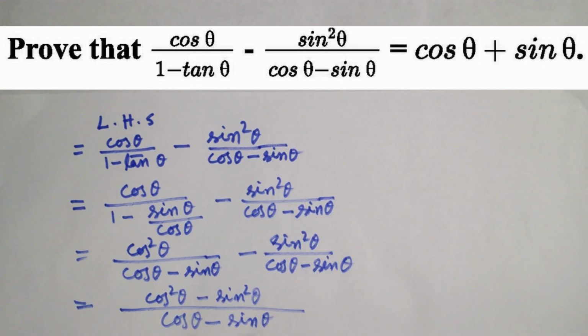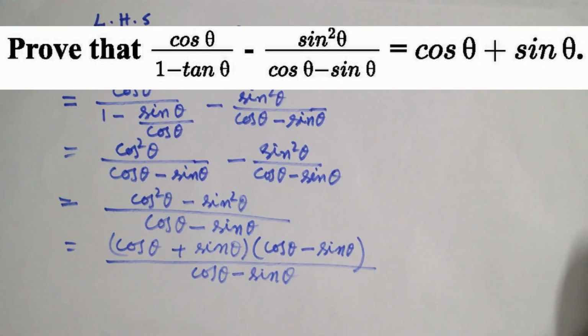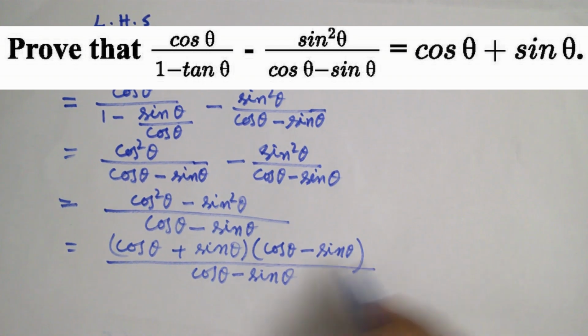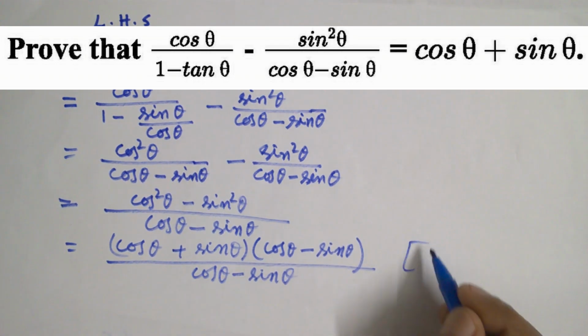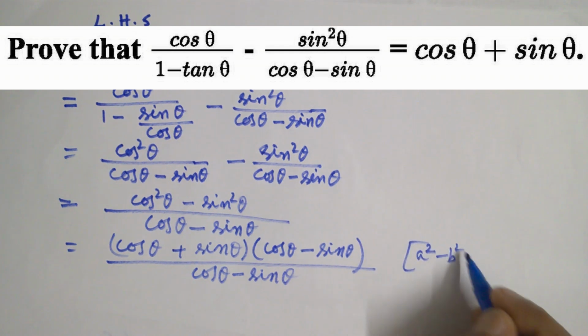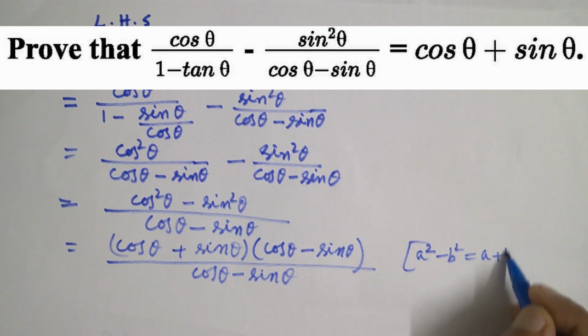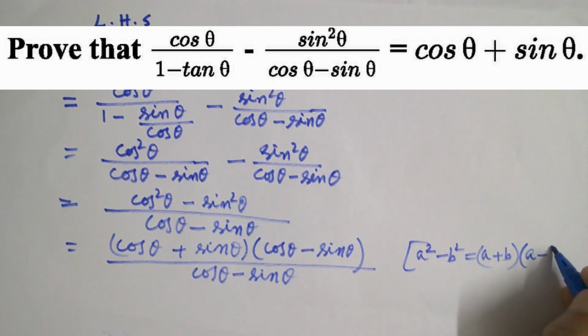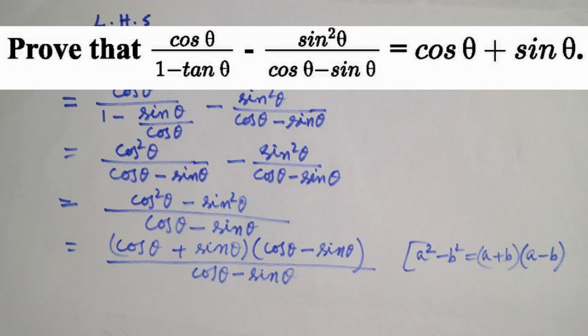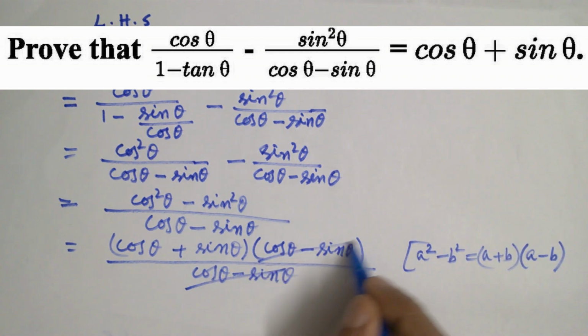Now factorize the numerator. So that is equal to, numerator factorized by the formula which is in algebra. Now cos theta minus sin theta in the denominator and in the numerator cos theta minus sin theta are the same, so it will be cancelled out.